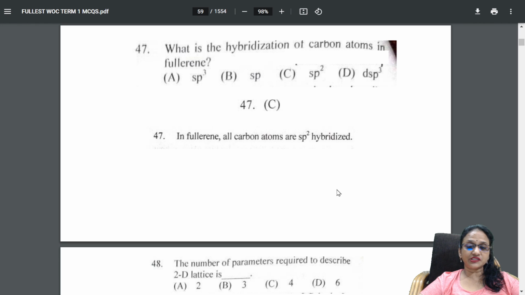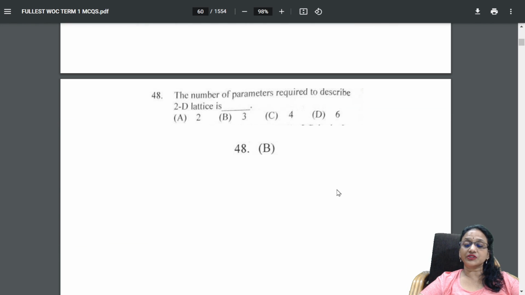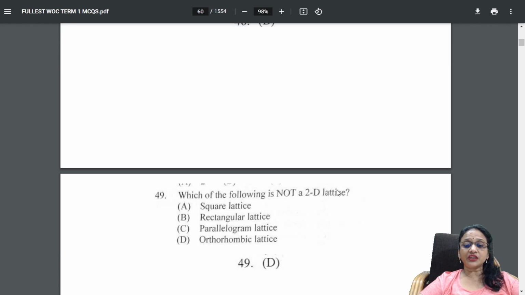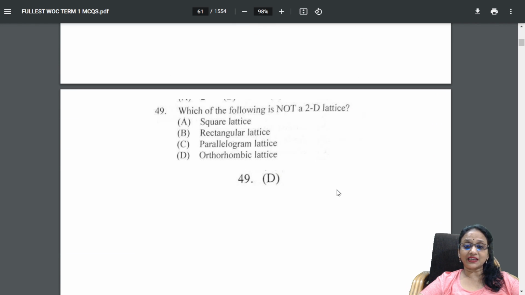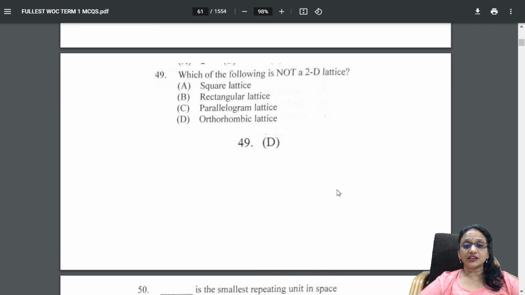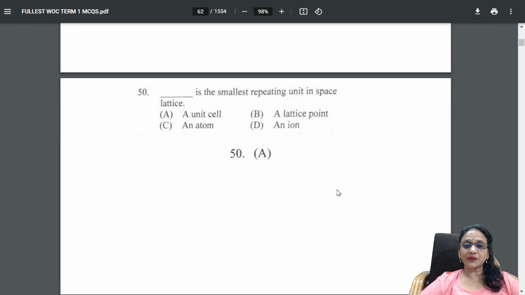Next, questions on fullerenes are given. Next come questions on the crystal lattice. Wherever a reason is required, packing, 2D packing, 3D packing, it's given here. After that, the smallest repeating unit cell parameters are given.